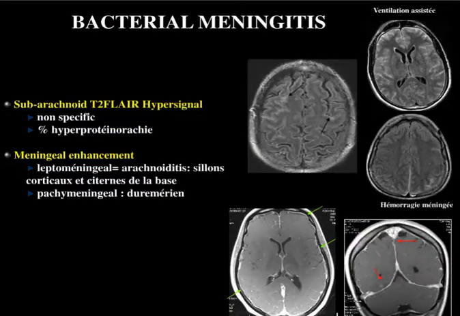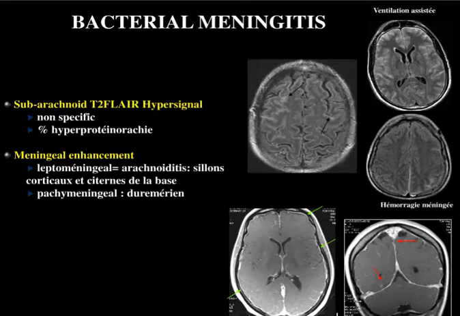And of course, MRI can and sometimes has to be done in patients with bacterial meningitis, and you know it can show this non-specific subarachnoid hypersignal or the meningeal enhancement.